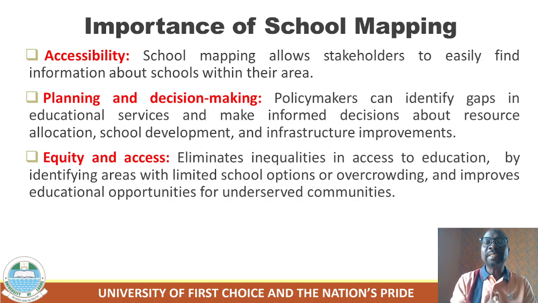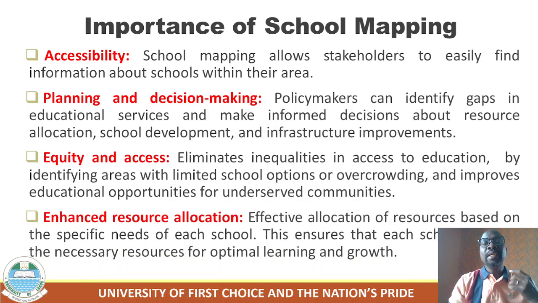So the school mapping exercise does this by identifying such areas that have limited resources, areas that have overcrowded students, areas that require improvement in educational opportunities for the underserved communities.